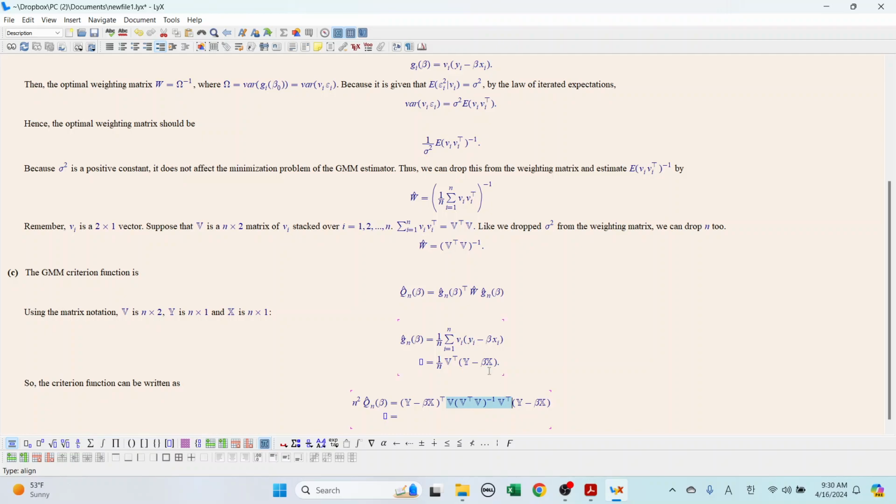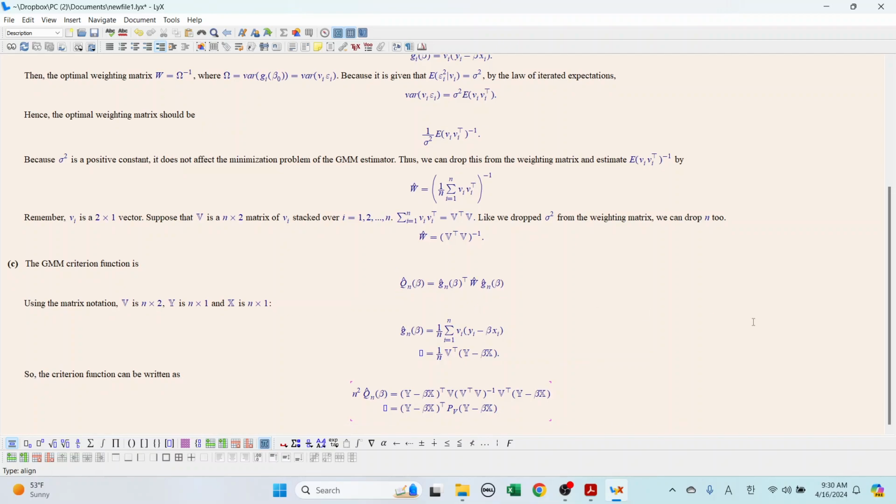right? I believe you have learned this somewhere, like in Econometrics 1. So we are going to rewrite this part as P, say simply P_V, okay? So this is what we have, and then you can just expand.